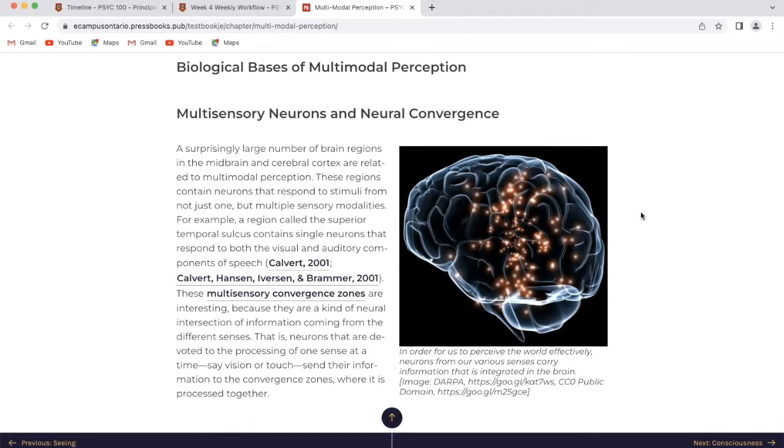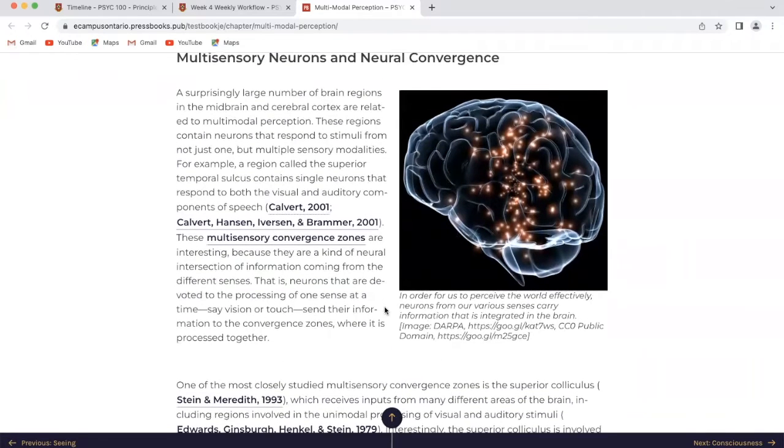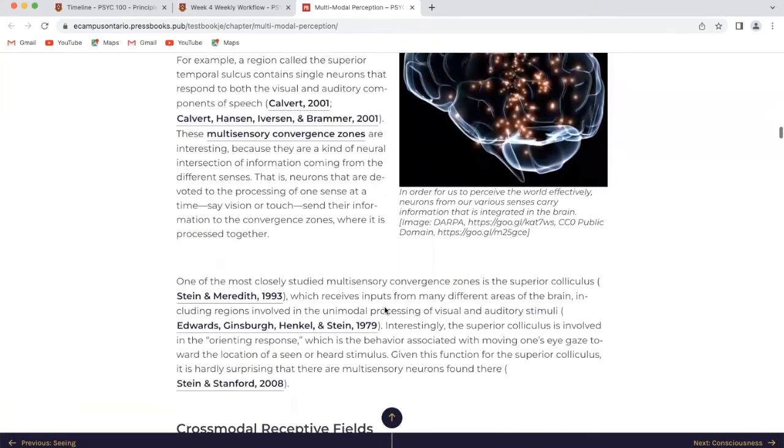These multisensory convergent zones are interesting because they are a kind of neural intersection of information coming from the different senses. That is, neurons that are devoted to the processing of one sense at a time, say vision or touch, send their information to the convergence zones where it is processed together.